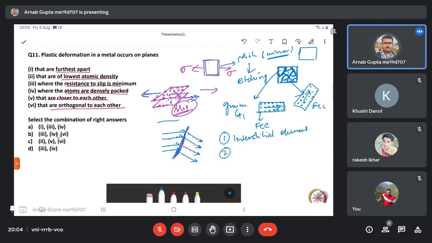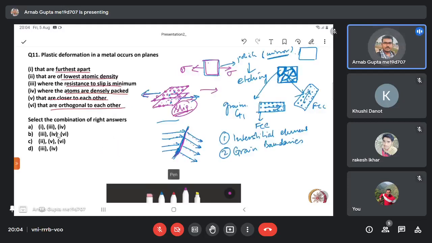Second are defects, or rather grain boundaries in this case. There are other defects also. Even any surface of a material is a defect, because your atomic arrangement stops at that point. Beyond this, in the air, you do not have any material. So your surface is also a defect.